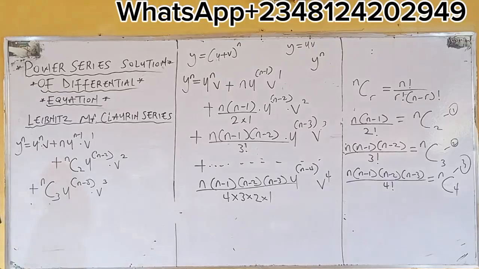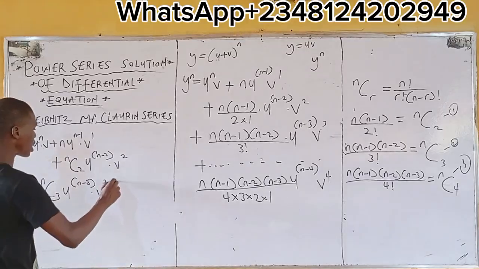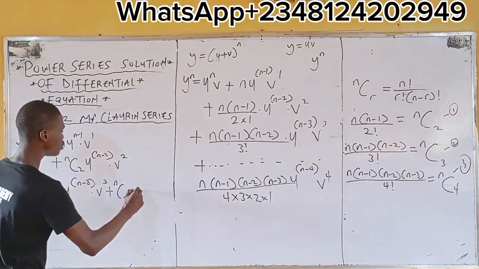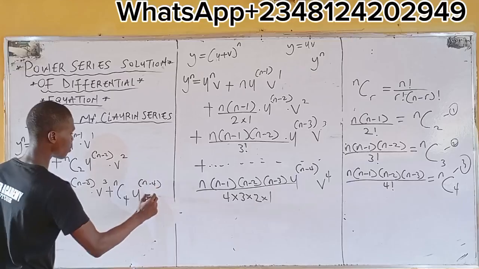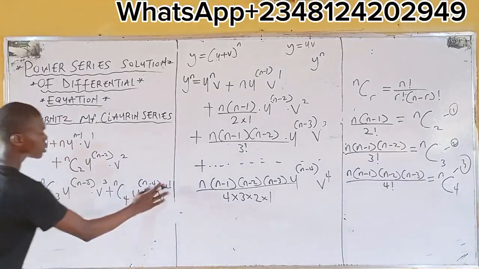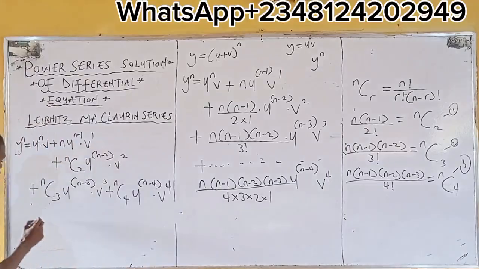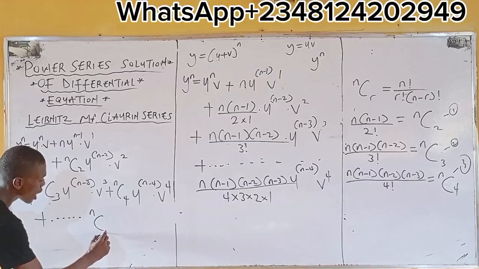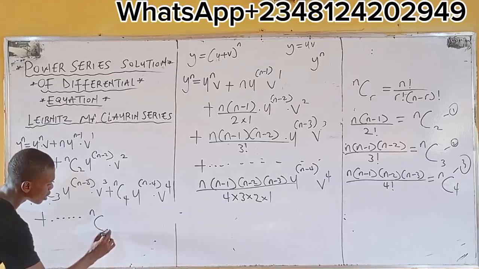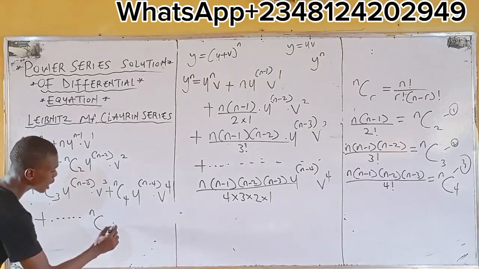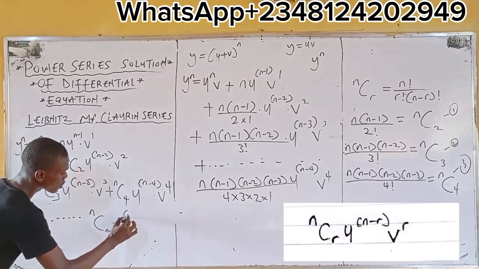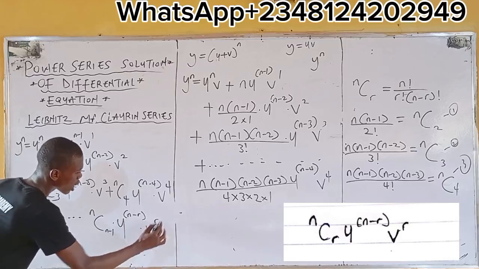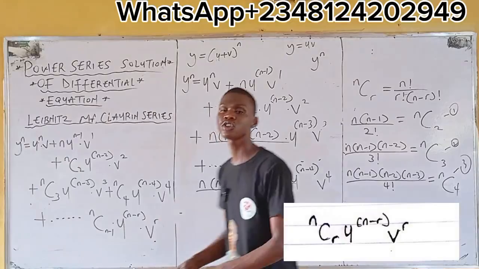Any question? Plus n combination 4 multiplying u raised to the power of n minus 4 multiplying v raised to the power of 4, continuously, plus n combination n minus 1 multiplying u raised to the power of n minus r multiplying v raised to the power of r.